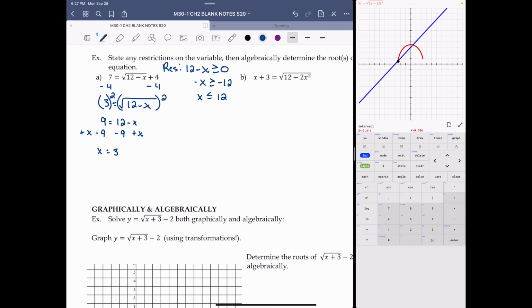We need to check our solution. Every time you do algebraic solving of radicals, you need to check your solution to make sure it's not an extraneous root.